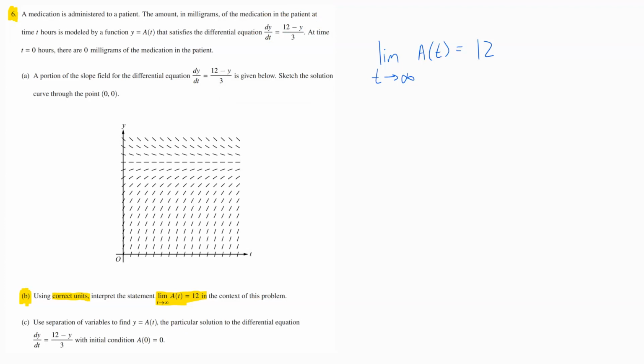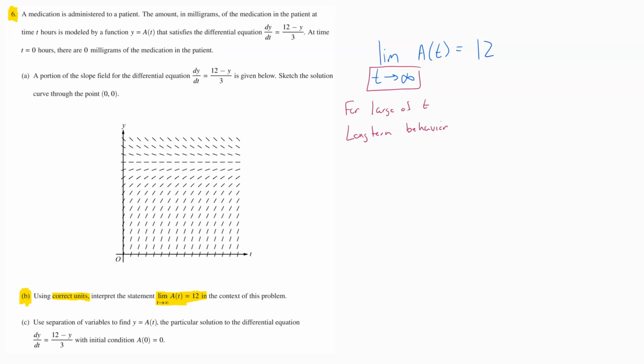So when we look at this bottom part here, as t approaches infinity, what that's saying is for large values of t, or the long-term behavior, because what's happening is t is going to infinity, so t is getting huge. And so this is kind of like a horizontal asymptote, if you want to think about it that way.